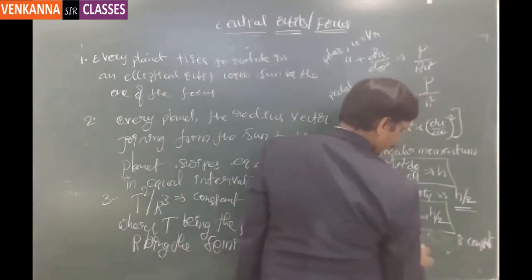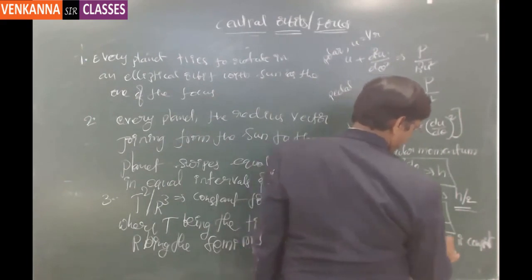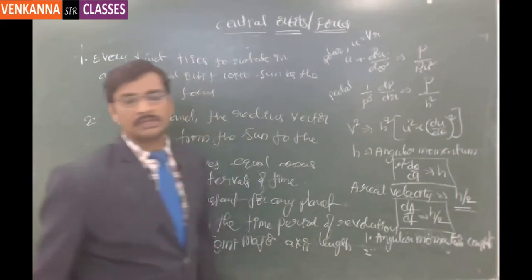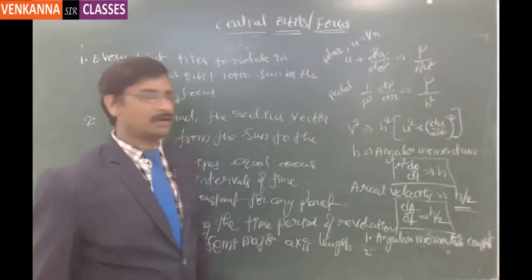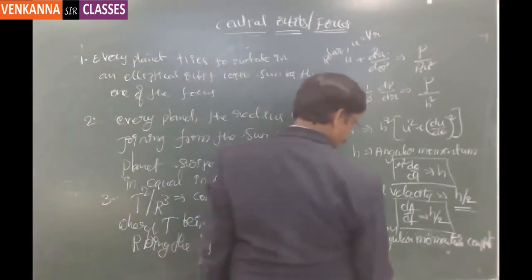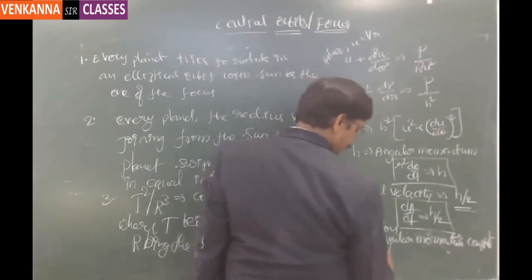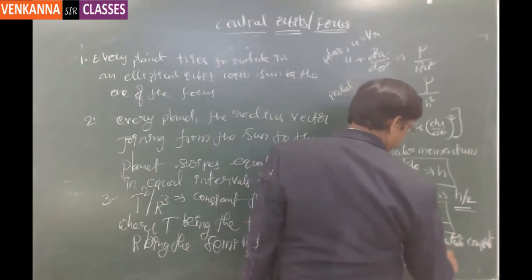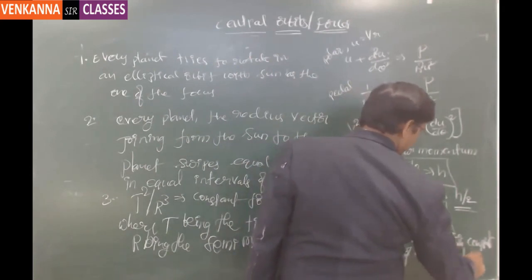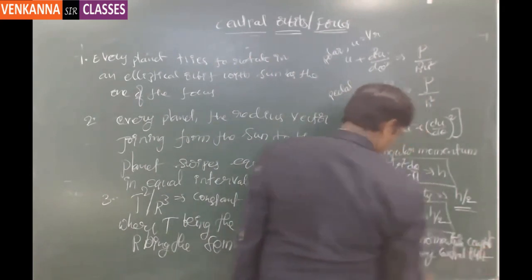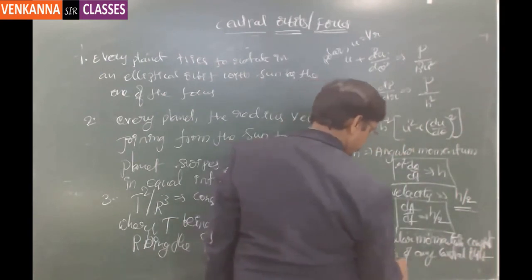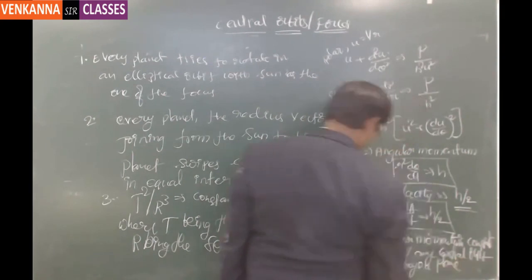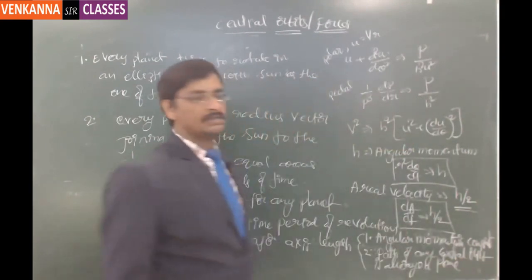Angular momentum, not velocity. And another important rule is that the path of any central orbit is always a plane. So these are the two important fundamental properties of any central orbit.